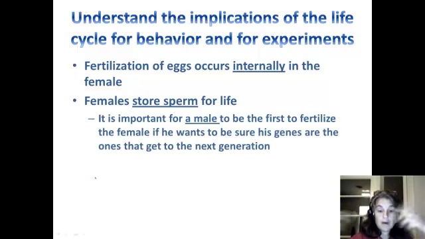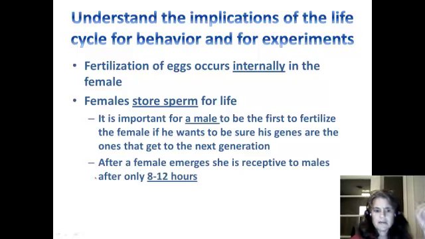That means if you are a male fruit fly, and please remember, male fruit flies are not thinking about this, but their behavior has been modified by natural selection over time, such that males behave almost as though they understood that it is beneficial to them to be the first one to fertilize the eggs. In other words, it's best to mate with a virgin female as opposed to one that's already mated, because his sperm don't stand as good a chance of getting to those eggs. So that's an important thing to think about with our courtship experiments.